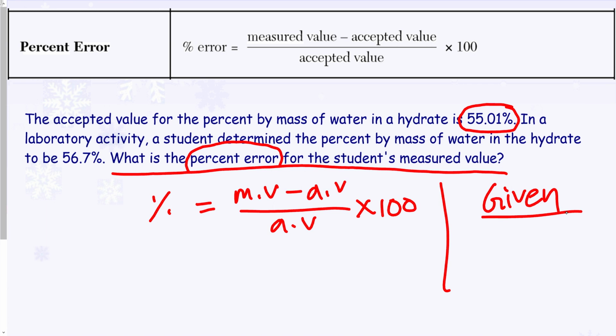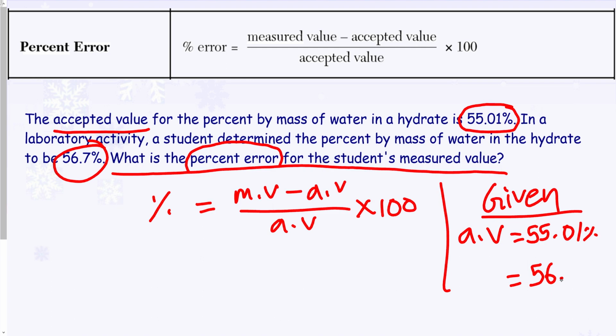So I'm looking left and right, I'm looking both sides, and I realize that in that sentence, they mention accepted value. So my accepted value is 55.01%, right? And then obviously, if that's the accepted value, 56.7% must be my measured value.